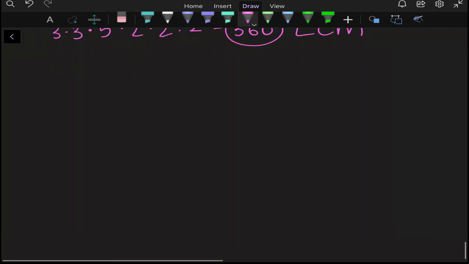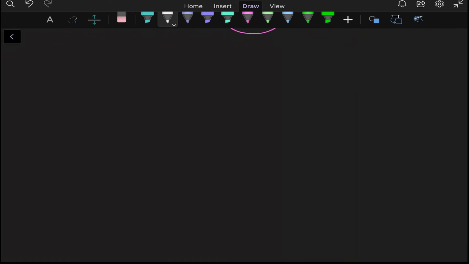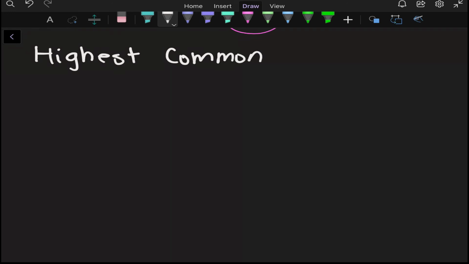So now that we know how to do lowest common multiple using the prime factor method, we can also find the highest common factor using the prime factor method.